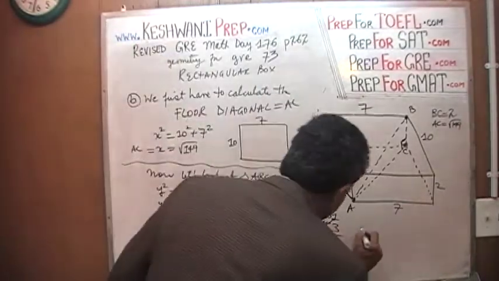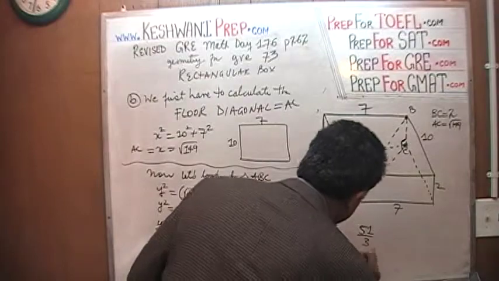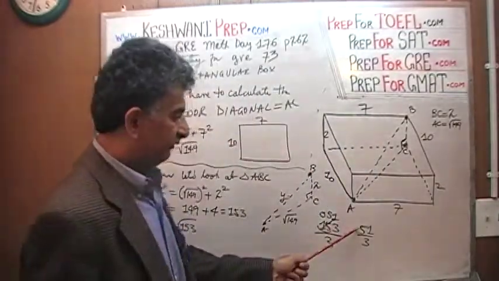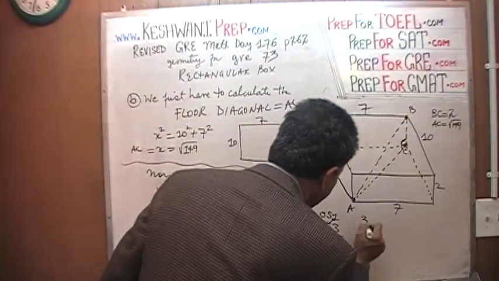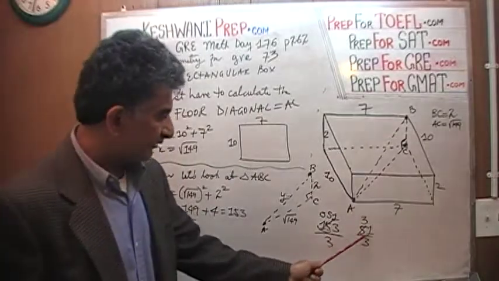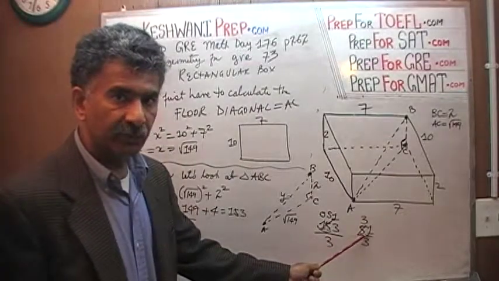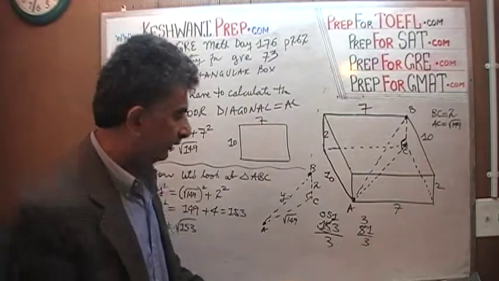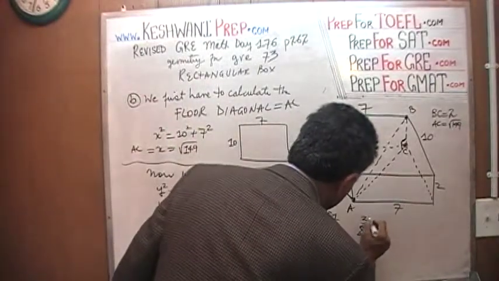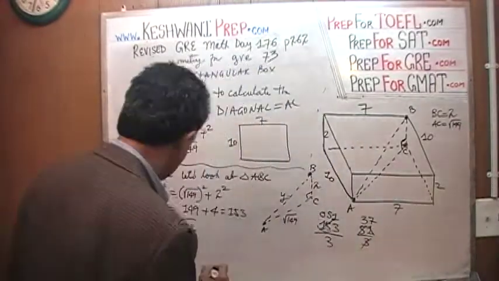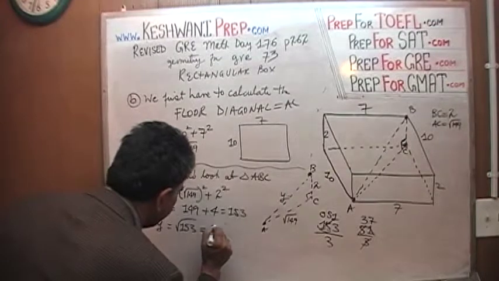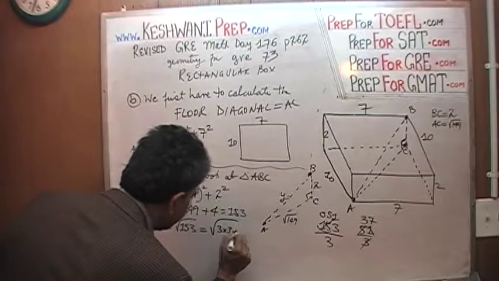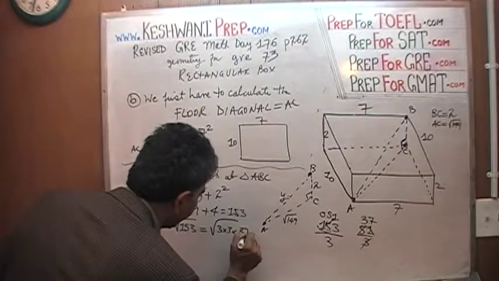So let's divide 51 by 3. How many 3's in a 5? 5 has 1 3. The remaining 2 joins the 1, becomes 21. 21 has 7 3's. So it looks like this quantity is 3 times 3 times 37.